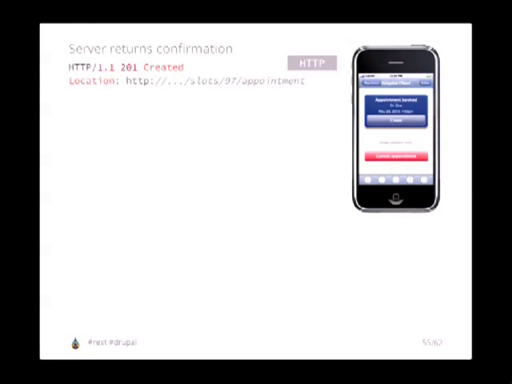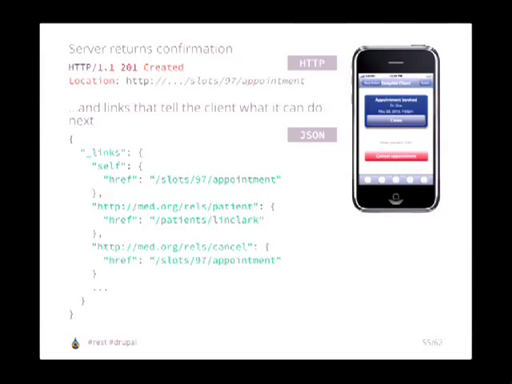And then the server would return confirmation with a 201 created and the location of the thing that it had created. And then it would also return, potentially, links to tell the client what it could do next. For example, you might be able to use that same link relation to say that that's how the patient can look at their patient info. Or there might be a link relation that allows you to cancel that appointment.